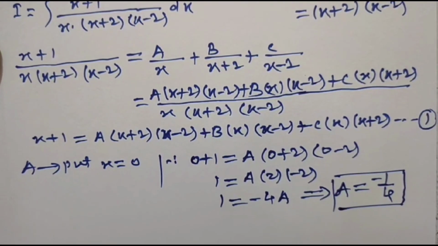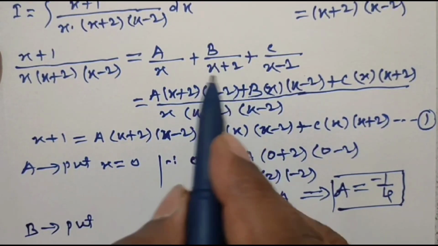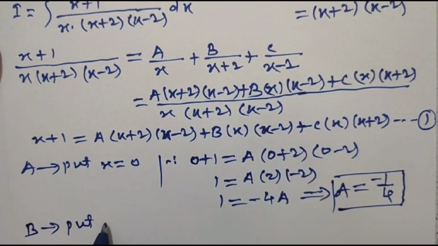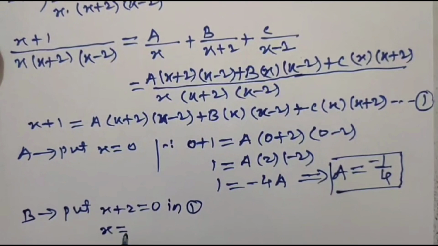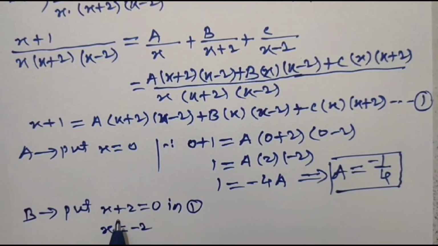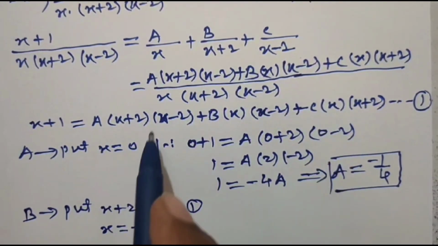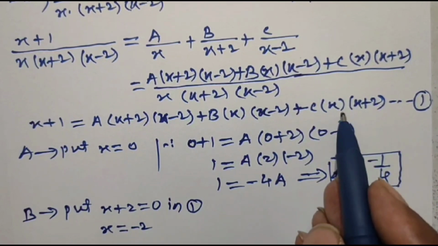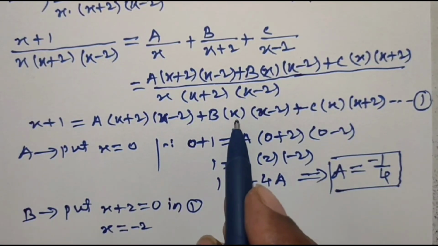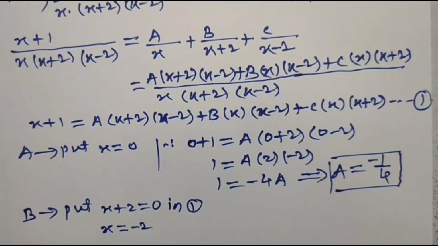This is value of arbitrary constant A. Similarly, to find value of arbitrary constant B, put denominator of B, x plus 2 is equal to 0 in equation 1. Now, x plus 2 is equal to 0 means x is equal to minus 2. If we substitute x plus 2 is equal to 0 in equation 1, first term becomes 0 and third term becomes 0. Remains only second term and LHS. So, x is equal to minus 2 we have to put here.